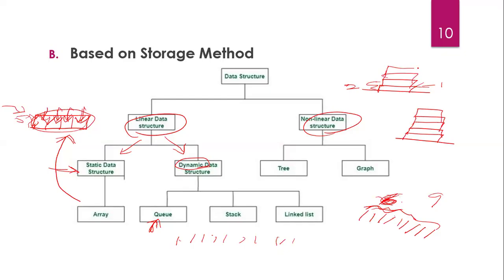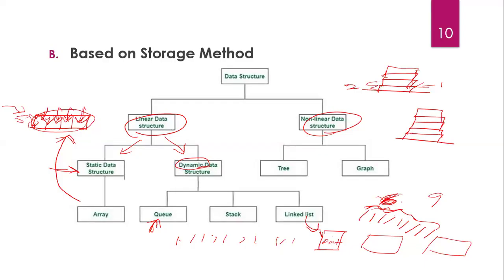There is no static memory allocation, so we can increase it if we want. In the linked list also, it is the same. We can mark like this how many pages you want. It's not a problem. So these are the dynamic data structures.